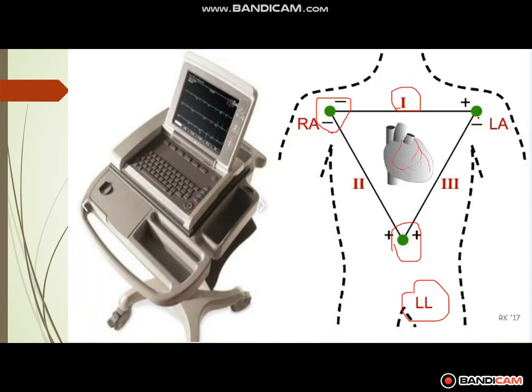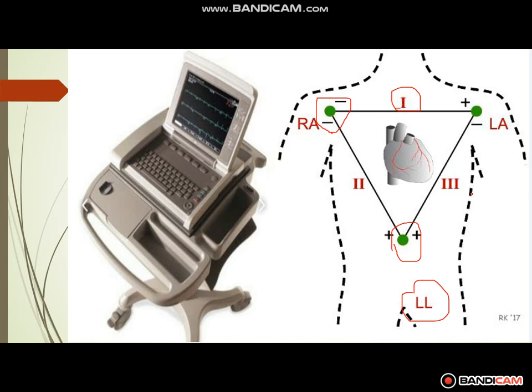And also we come to lead 3. Lead 3 shows the potential gradient between the left arm and left leg. You can easily see that this is lead 3. So the negative electrode of lead 3 is located in the left arm, and the positive is located in the left leg.